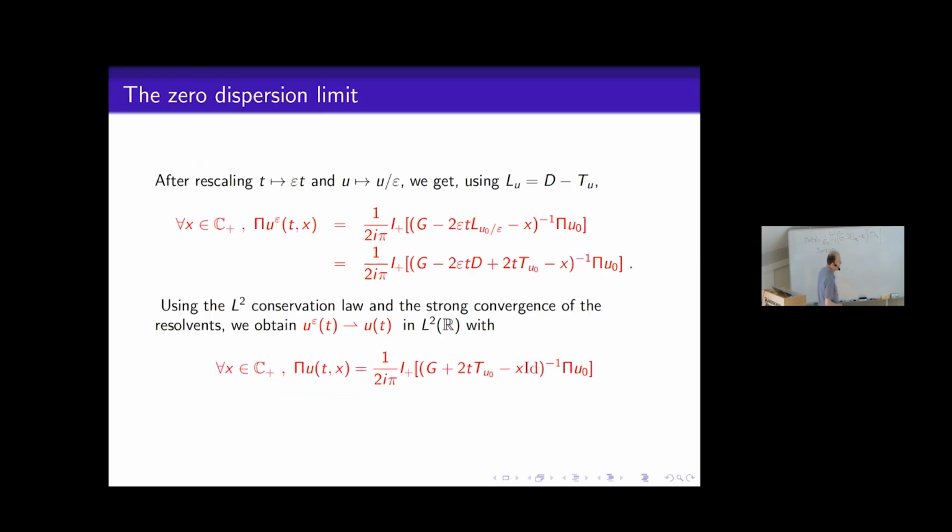Okay. Now the zero dispersion limit is the same, except that you have to make a small rescaling to get the same Benjamin-Ono equation with epsilon in front of the dispersive part. So remember, my equation was this.